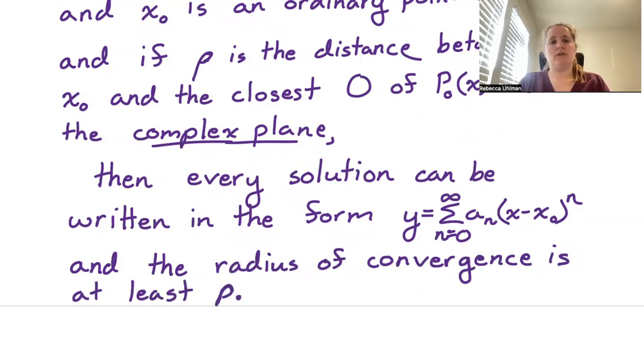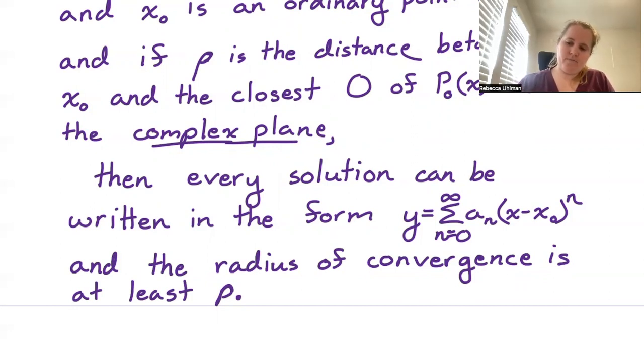So this gives us a way essentially to figure out at least a minimal interval over which our series converges. We can find the solution by essentially plugging in and matching coefficients with the right-hand side.